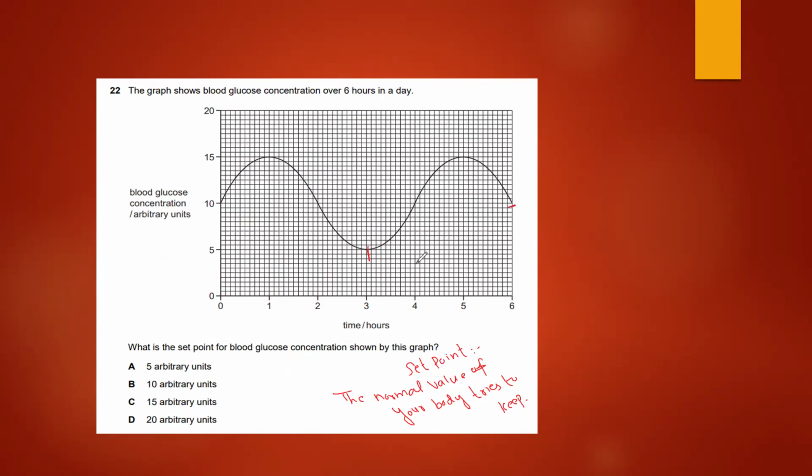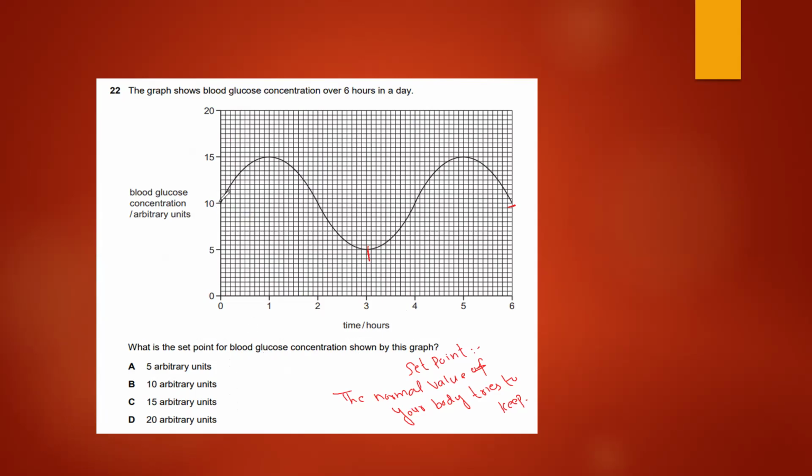The examiner asked what is the set point for blood glucose concentration shown by this graph, and I told you that the set point is the normal value the body tries to keep. The body tries to return exactly to the set point. So what is the set point for the blood glucose concentration shown by this graph? 5, 10, 15, or 20 arbitrary units.